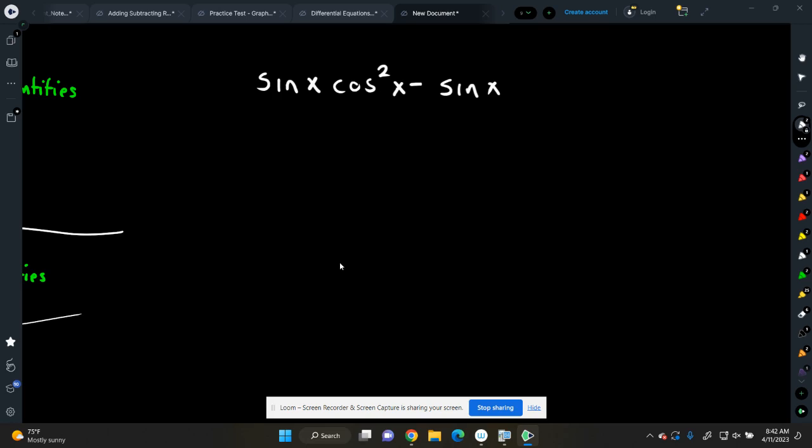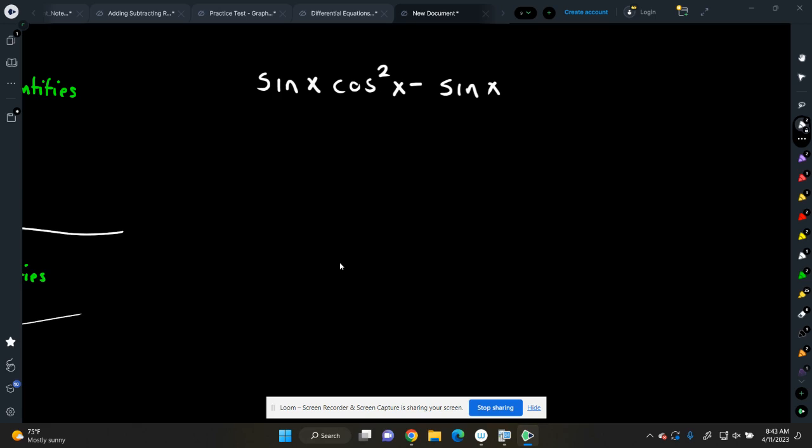So look at the identities that we just learned. Can we change that? Usually if I have more than one trig function in the expression, I'm going to want to simplify it so that I only have one trig function. So I have sine and cosine.